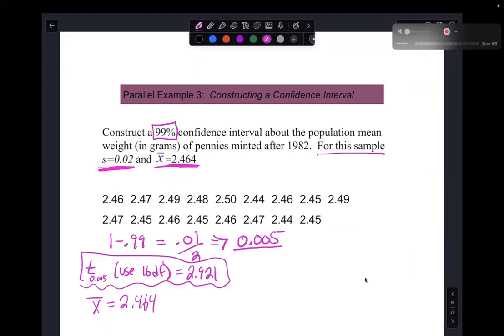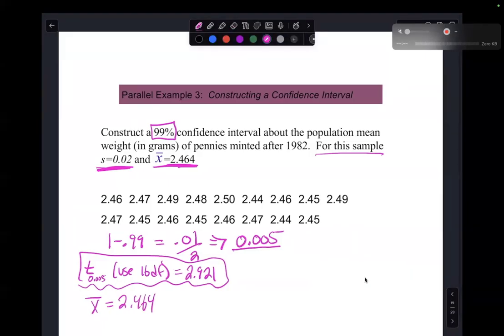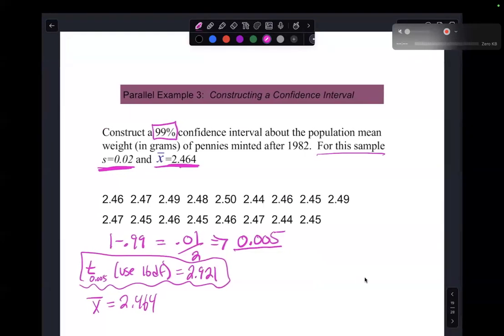I need my standard deviation sub X bar, so this is my new standard deviation. It's going to be s divided by the square root of n, so it's 0.02 divided by the square root of 17. The only time we are subtracting 1 from our sample size is when we're looking for the t-value. That's the only time.